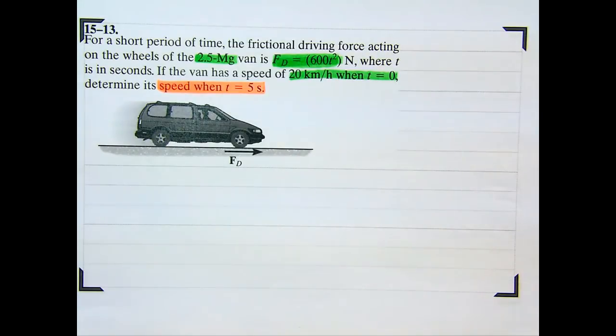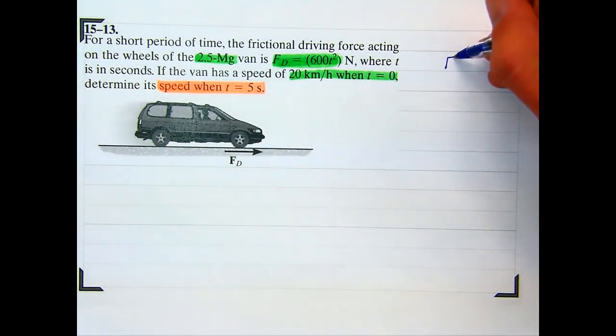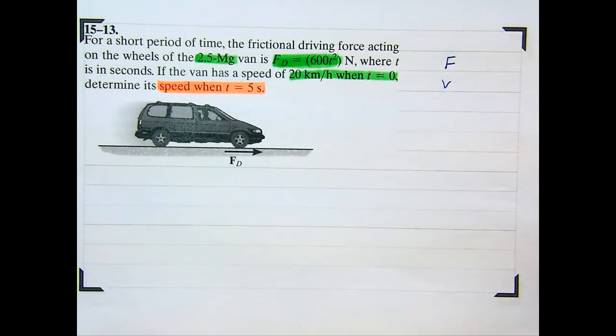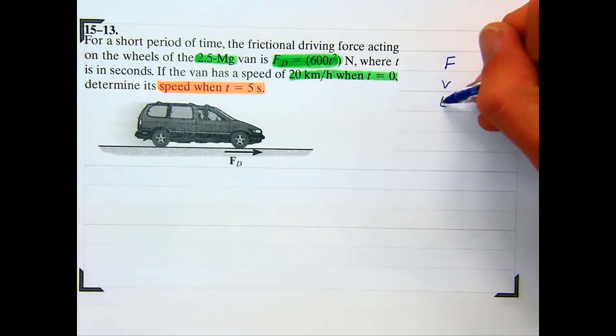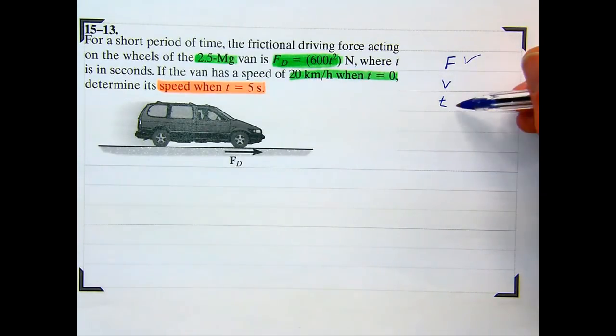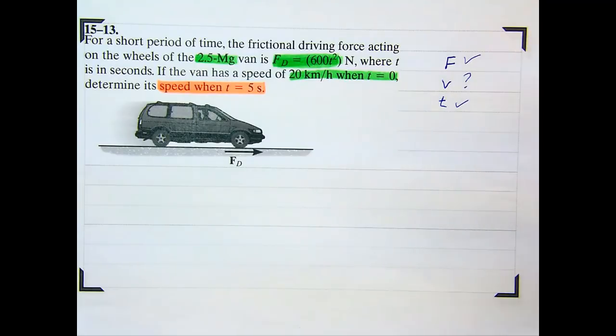So for this problem, we are given force, we are given velocity, and we then have to find the new velocity after a certain amount of time. So we need to find an equation which combines all these parameters. The force is known, the time is known, and now we need to know what is the velocity.